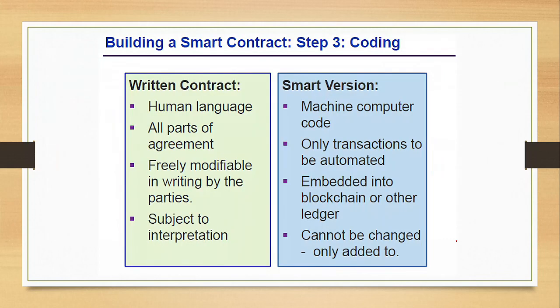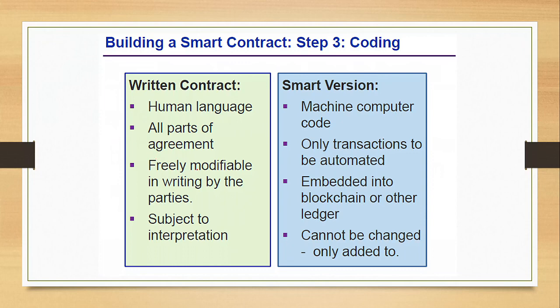So the difference between the two, that is the written contract and the smart version: the written contract uses human language, the machine uses code. Here all parts of the agreement are included. But when you're coding, you can't code everything. You just look at those that you can automate, like the dates, the amount, and so on.